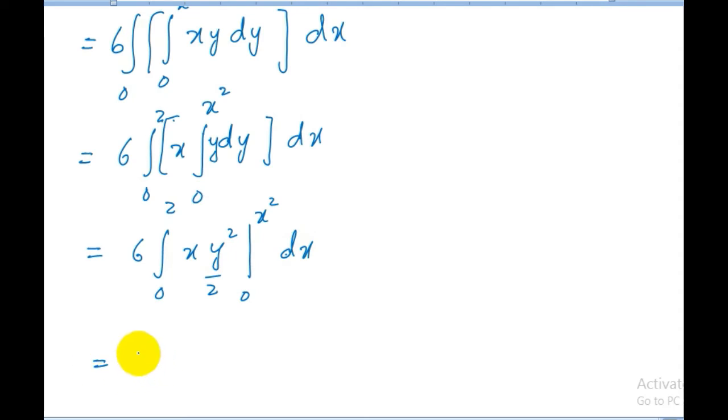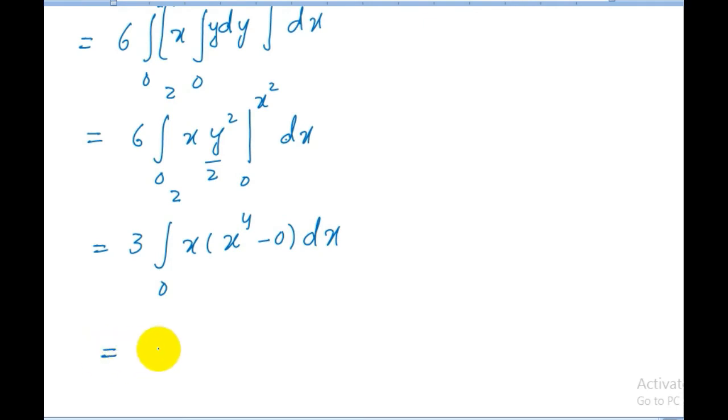This is equal to, we cancel 2 by 6, 3 times integration 0 to 2. Now remember, this is the variation of y from 0 to x square, so first we write x square here, so it becomes x to the power 4 minus 0, dx.